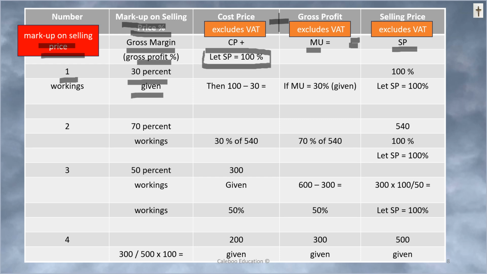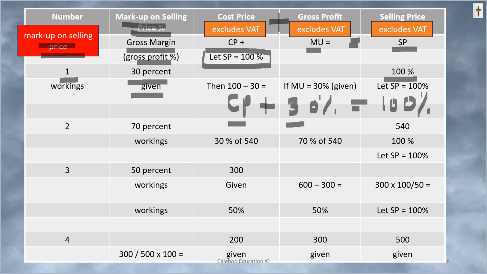So if the markup on the selling price is 30%, and we've let the selling price here equal 100%, so we got cost price plus 30% is equal to 100%. That is the cost price plus the markup is equal to the selling price. So then what is the cost price?